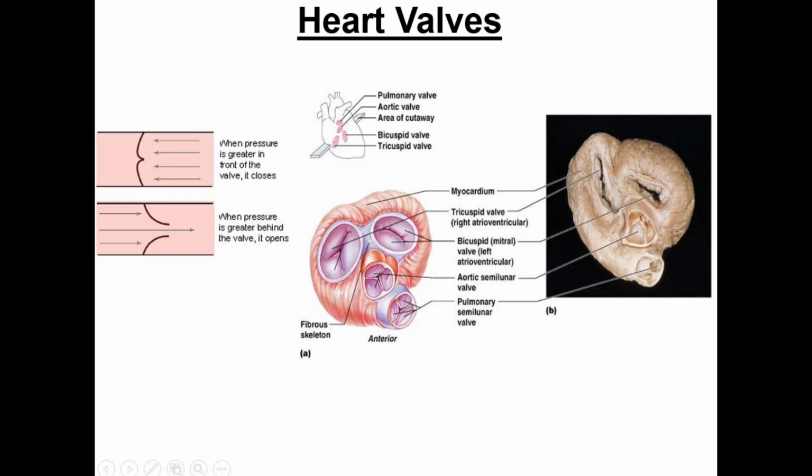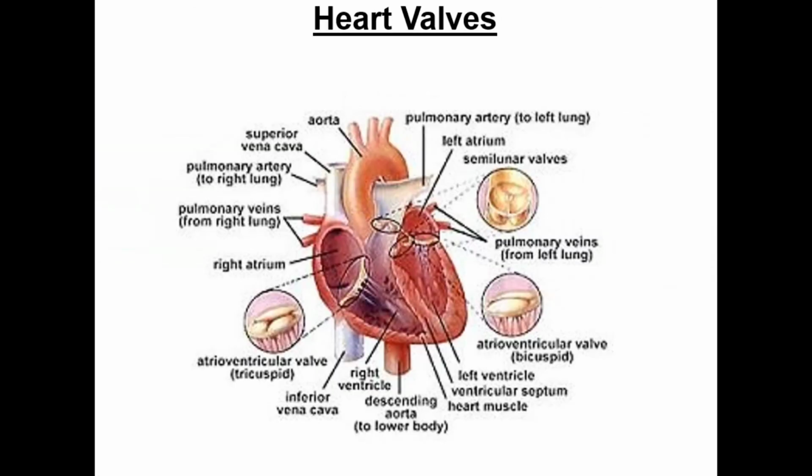Here you can see, when the flow is there, the valves open to give way to the blood to pass onward, but when there is pressure, they do not allow the blood to go back, so as to prevent the backflow of the blood.